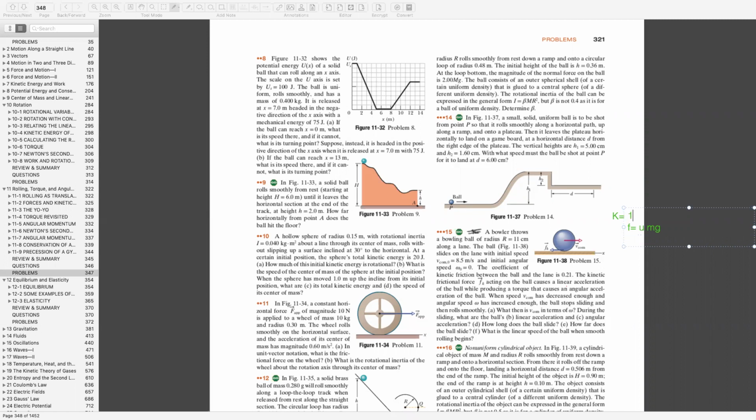It's 1/2 mv squared plus 1/2 I omega squared. And in this case, because it is a solid sphere, I have to look up I in the book because I don't know it off the top of my head. Hold on a second. Oh, I equals 2/5 mr squared. And this is I omega squared.